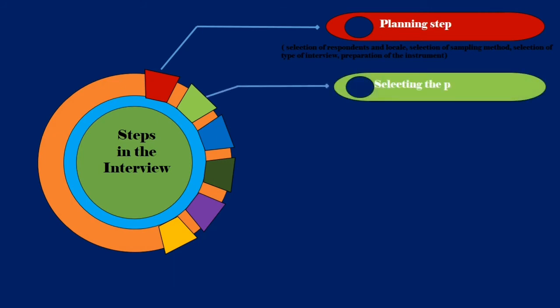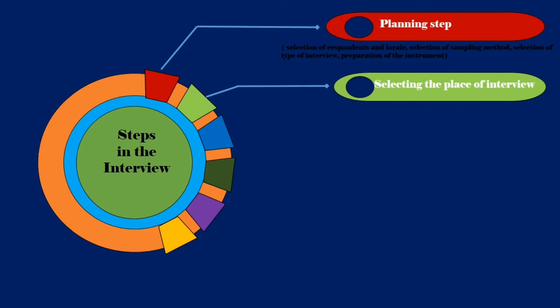The next is the selecting of the place of interview. You have to choose the place that seems to be conducive not only to you as the interviewer, but most definitely the place which is comfortable to your interviewee. If it is okay for the interviewee to be interviewed in their homes, then so be it.